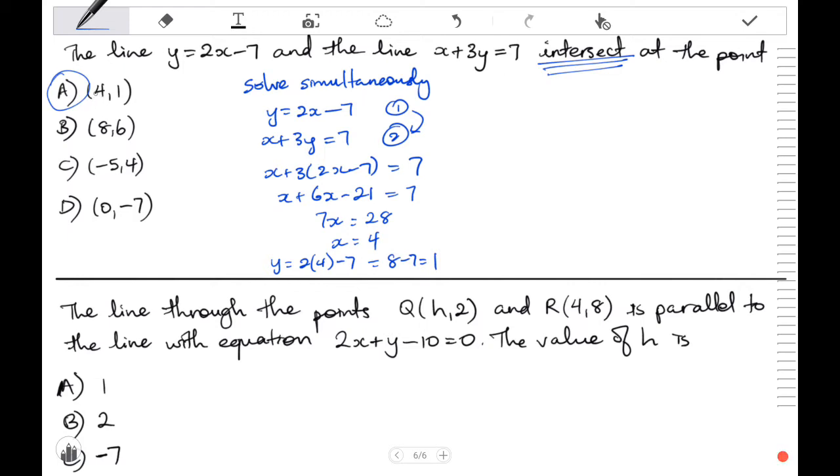For example, if I take an x value of 4 and substitute into this equation, I'm supposed to get the y value to be 1. And similarly, if I take the x value of 4 plus 3 times the y value of 1, I'm supposed to get 7. Right? You could have tested it with the other values, but this is two simple linear equations that could be solved simultaneously. So the answer there is 4, 1.